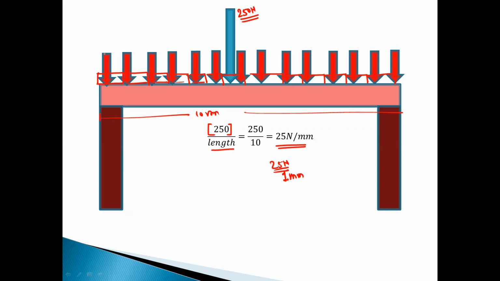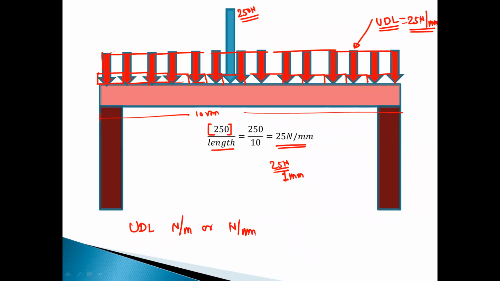Okay, and this vector diagram is nothing but the uniformly distributed load or UDL. Right now its value is 25 Newton per millimeter. Okay, so unit of UDL is Newton per meter or Newton per millimeter. Okay, so I hope you understood the concept of distributed load.